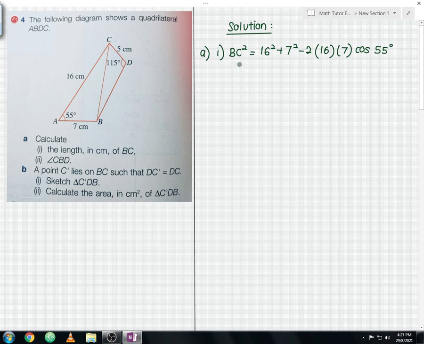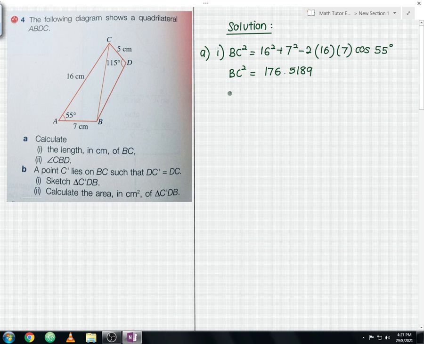So you calculate this. From here you should get BC square is equals to 176.5189. From the calculator I come up with a 4 decimal place value of BC square.